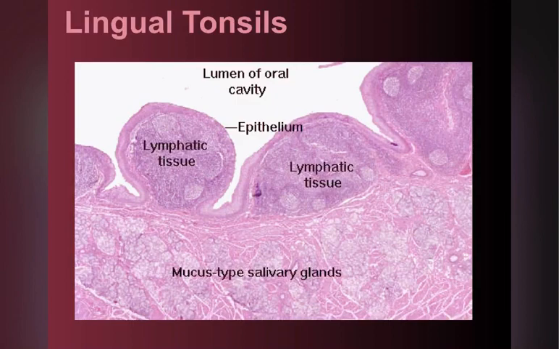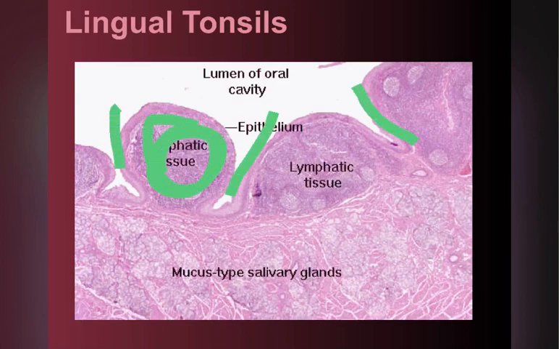Here we see a figure for the lingual tonsils. You see the epithelium covering the lingual tonsils is non-keratinized epithelium. We see crypts. We see the lamina propria is populated with lymphatic tissue.